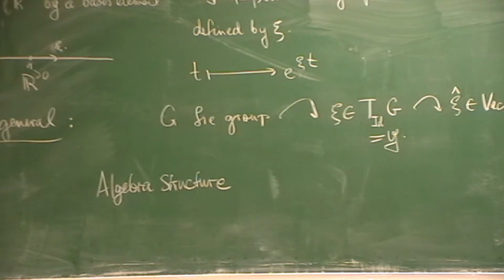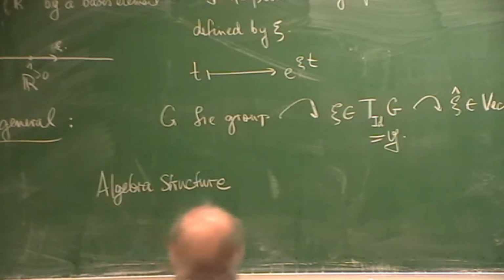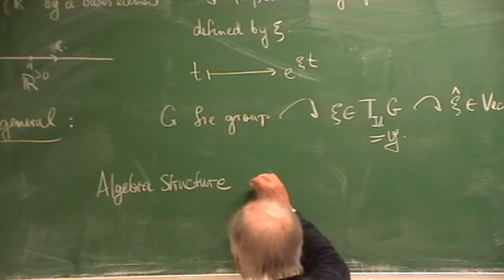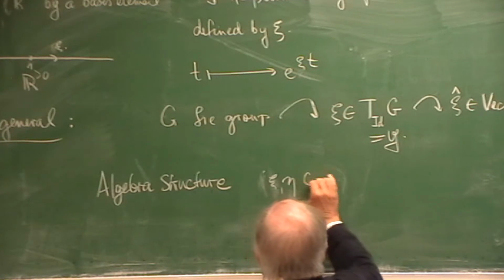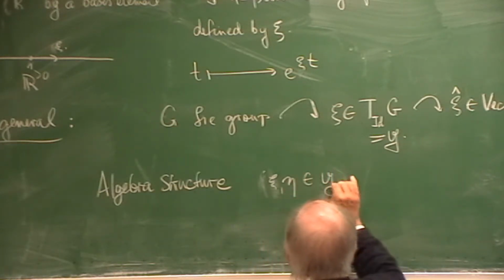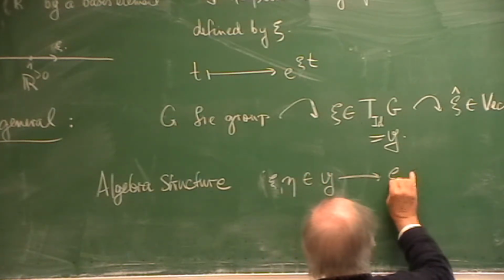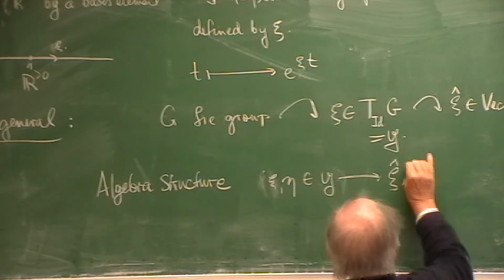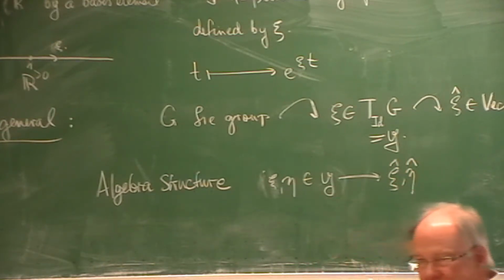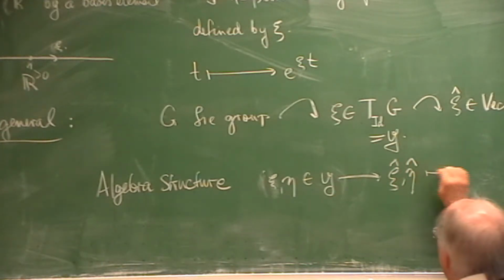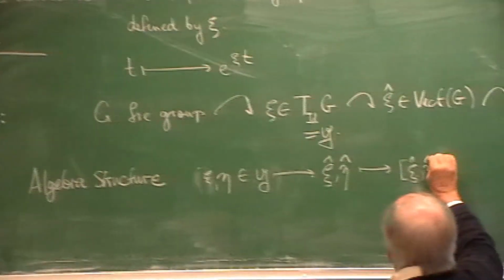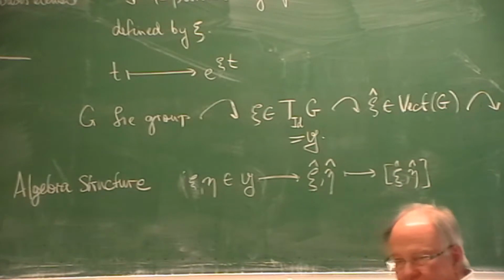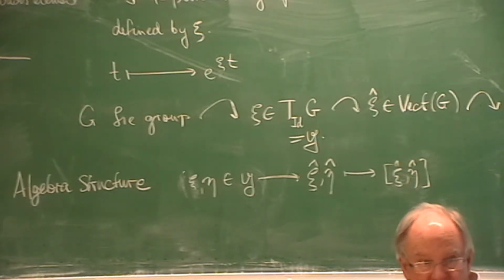Okay, so what is the algebra structure? Well, you see, we do something complicated. You take C and eta in this tangent space. Then you go over and you get these vector fields, C and eta. And then you go over here and you do the bracket of C and eta. That is a bracket of a vector field.